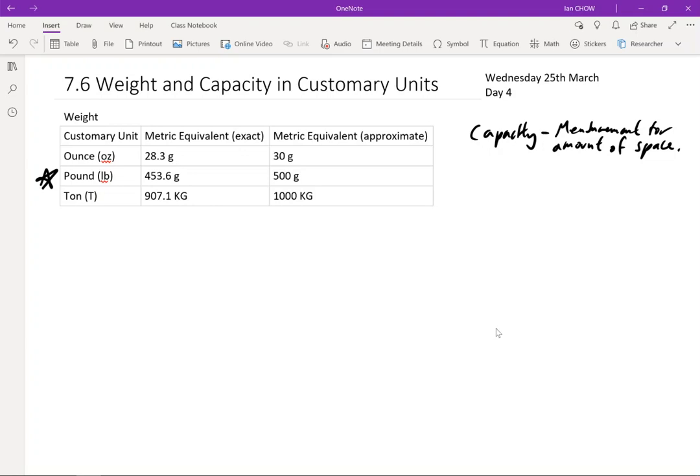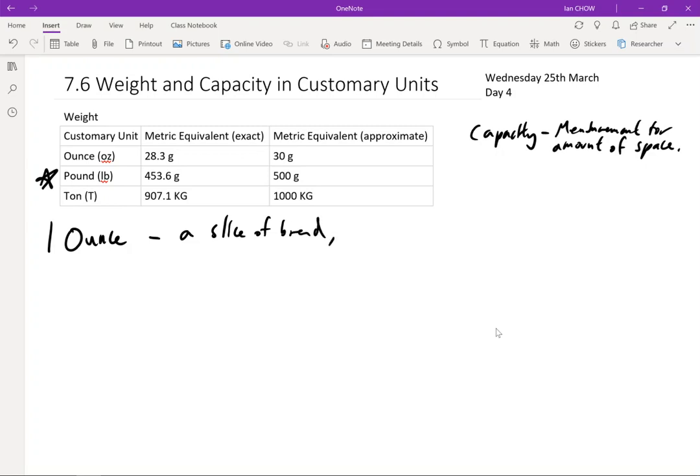30 grams, we know that is super light. What will be the weight of 30 grams? Perhaps you would think that 1 ounce would probably be a slice of bread.